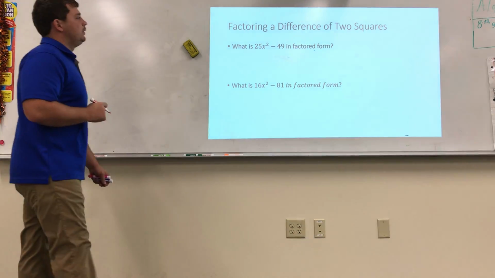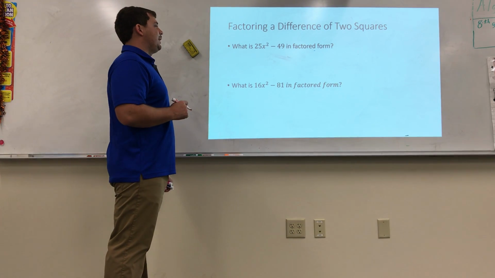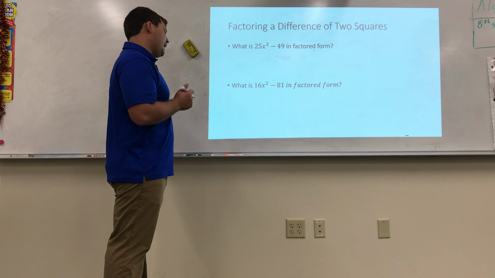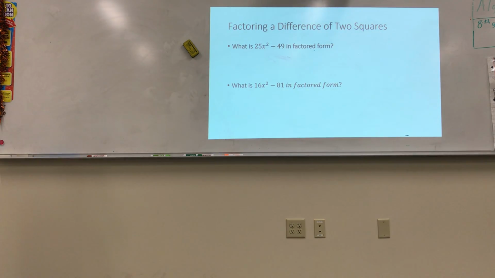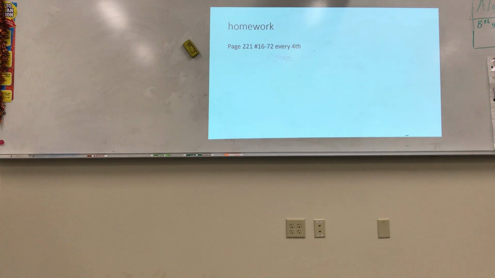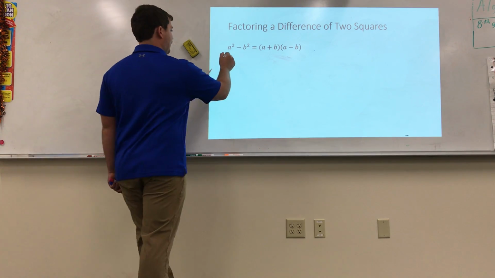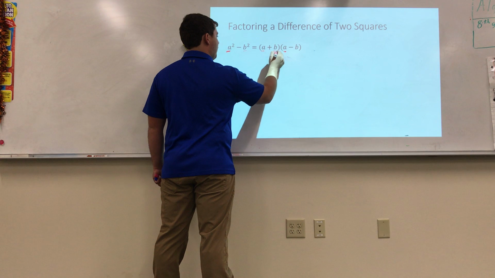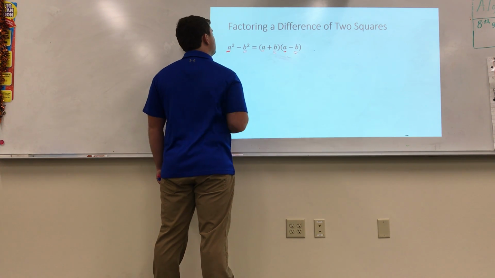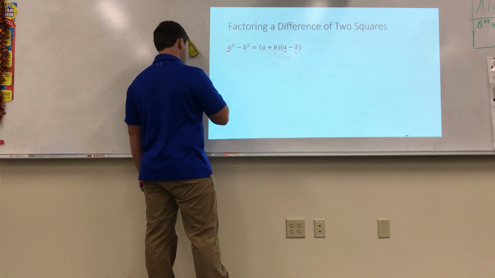What is 25x to the second minus 49? Now, one thing I didn't point out on the last slide is the fact that you still have an a squared, and a b squared.